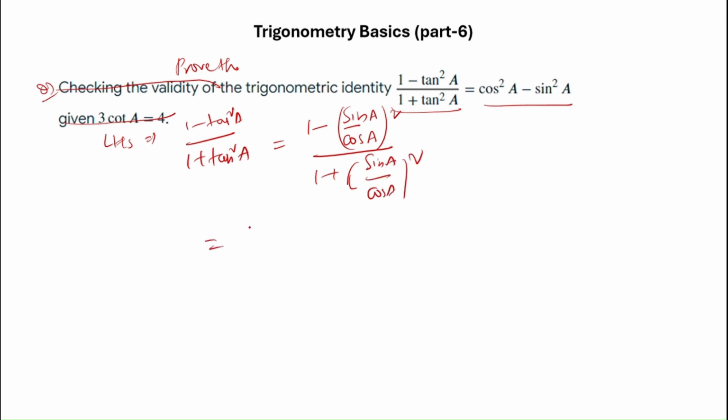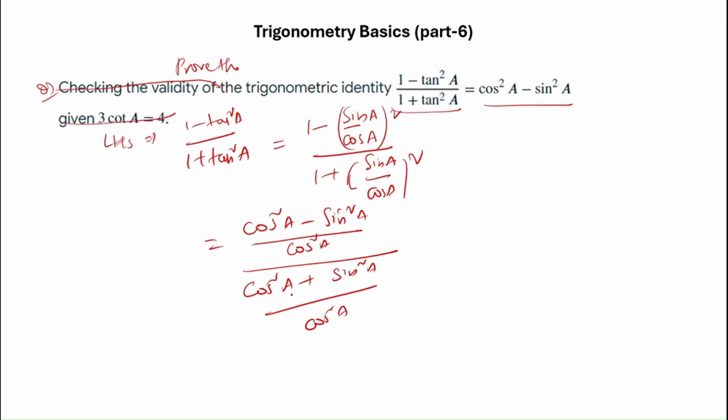Now see this. The numerator is cos square A minus sin square A by cos square A. For the denominator, after taking the LCM, cos square A plus sin square A by cos square A. So cos square gets cancelled and sin square plus cos square is equal to 1. We already proved this identity.